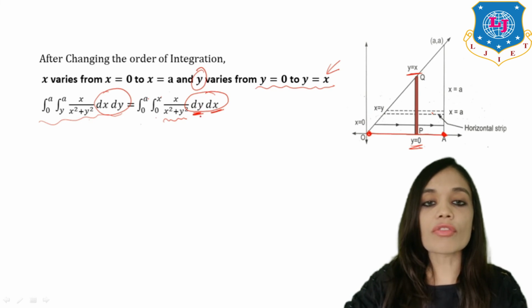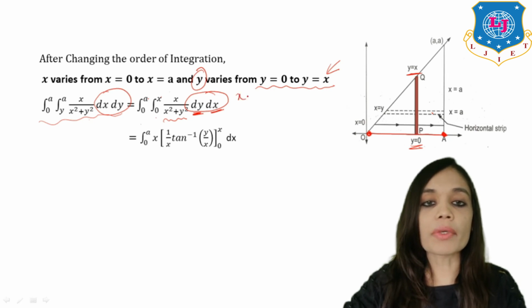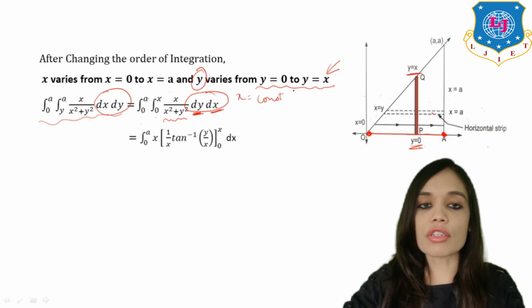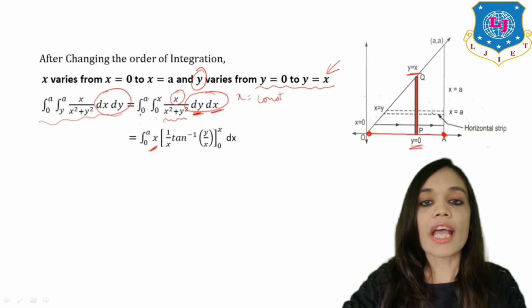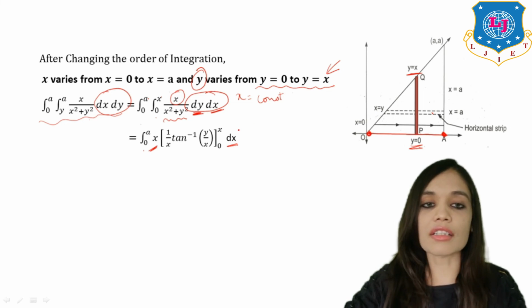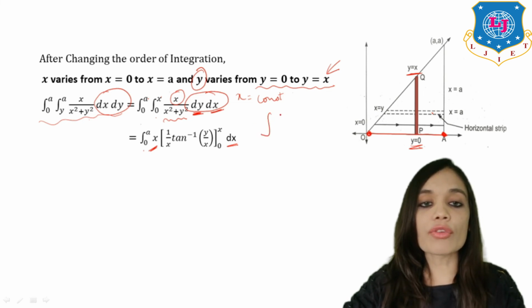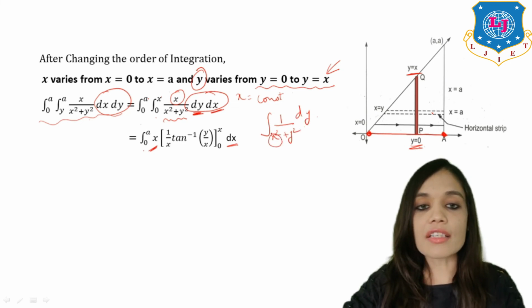Okay, so let us evaluate the integral by firstly integrating with respect to y, keeping x as constant, right? So this x as constant, keep it as it is, and integration 0 to a dx will also remain as it is. Just we have to evaluate 1 upon x square plus y square dy, where our x is constant.